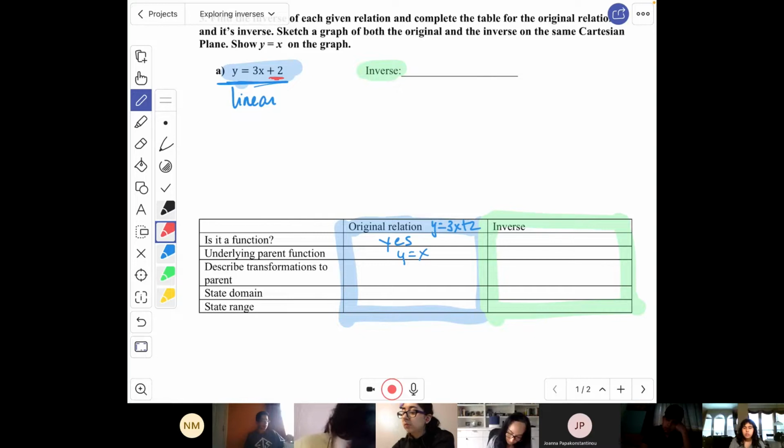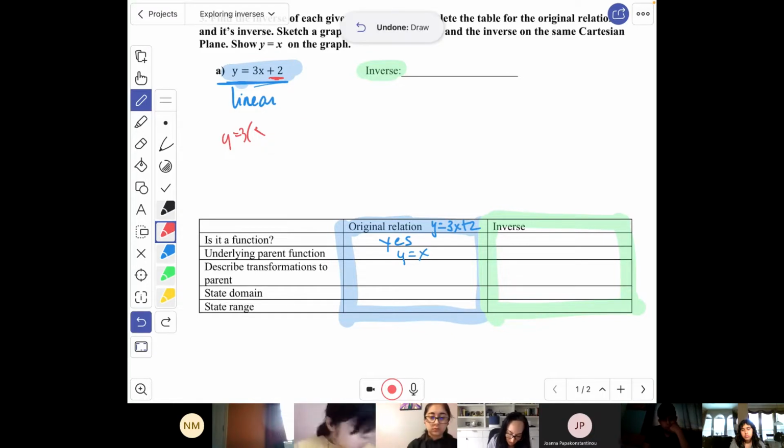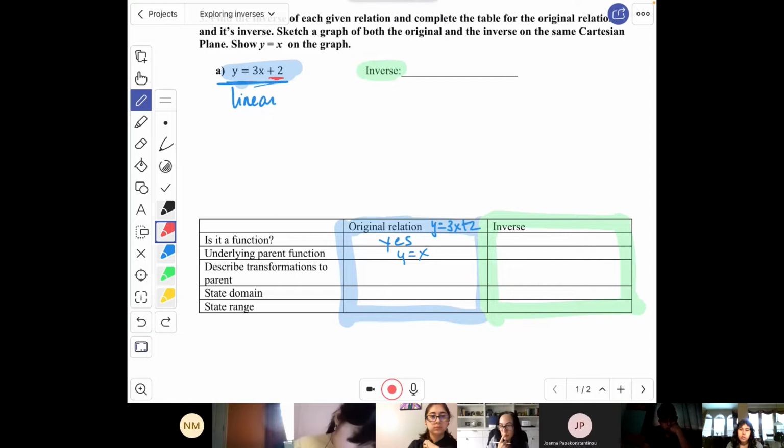Shift horizontal to the left by 2 units. Well, if I were impacting the x, if it were y equals x plus 2, then I would be shifting. If I impact the x, that is a horizontal shift. But this plus 2 is on the outside. It's not directly connected to the x. So what transformation is that? Shift up by 2 units. Yeah, it's a shift up 2.